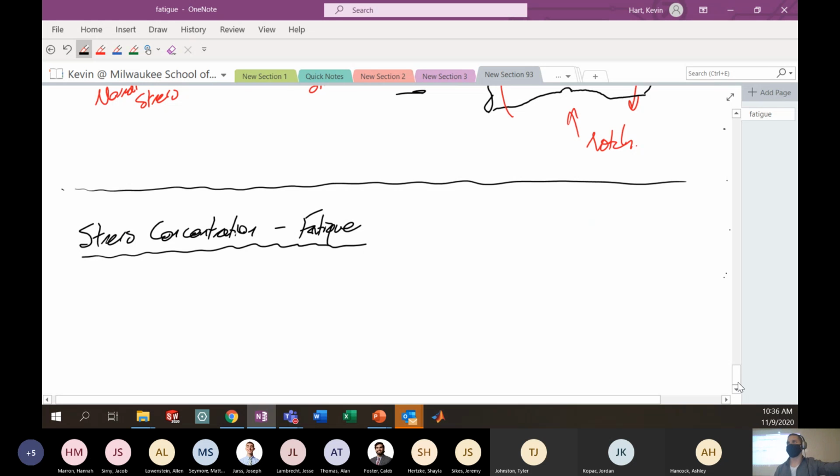The idea is very much the same, that you have some intensity of stress around some discontinuity in the piece, and we're going to amplify the stress around that region using some factor. However, the factors now are different. So same idea, different factors.